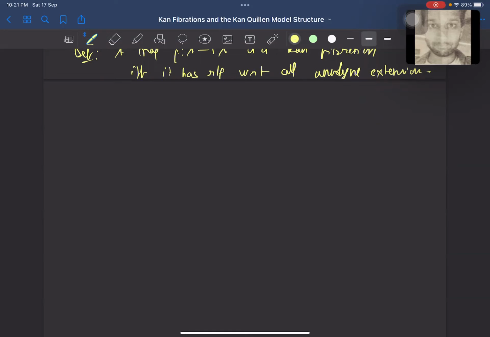Now I'll talk about a few theorems that we will end up using towards the end of the talk, where we'll be proving that we have a concurrent model structure.